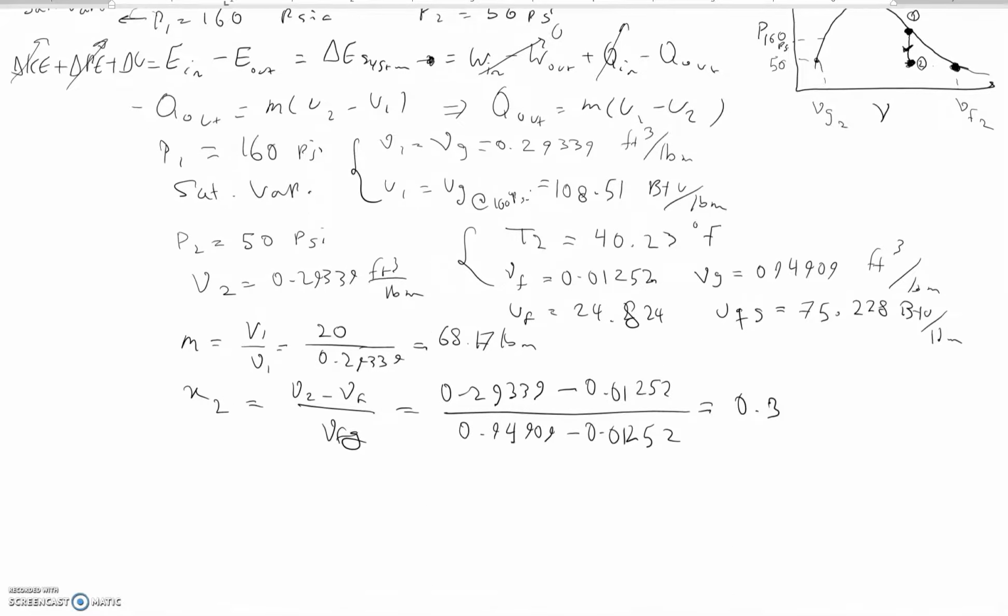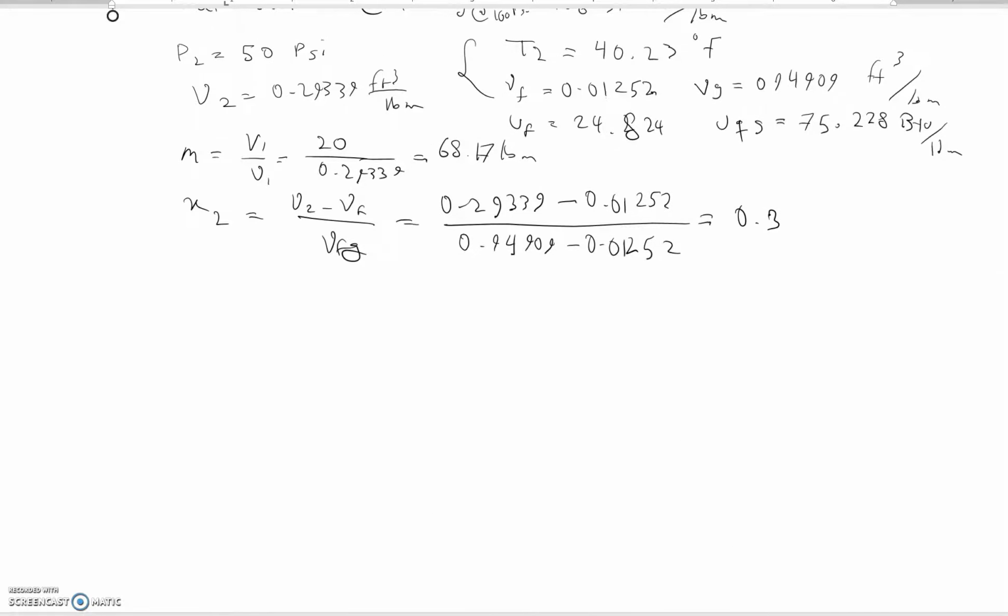So that's our quality. And then if you have the quality, you can calculate the mass of the liquid in your system, which is 1 minus x2 multiplied by total mass. That's 1 minus 0.3 multiplied by total mass, which we did calculate, 68.17 pound mass. That is 47.73, right? And that's the mass of the liquid at that state.